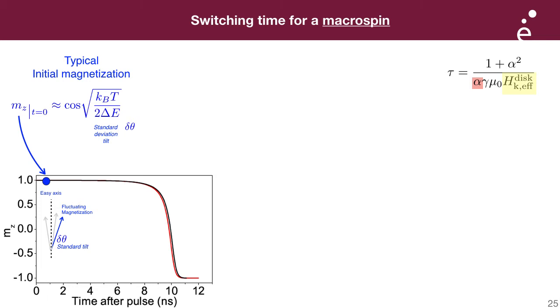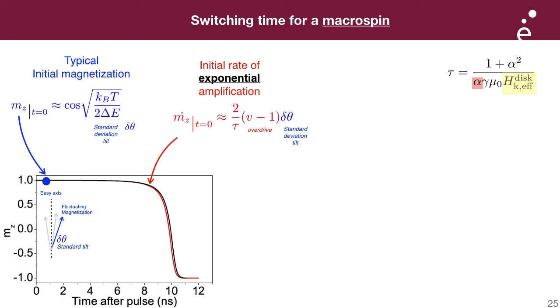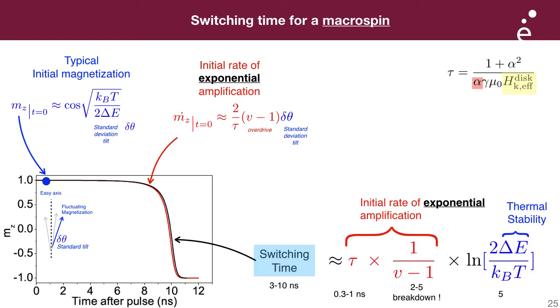So if from this state you plug in the spin torque and you look at the subsequent time evolution, then you see that the rate of change of the magnetization will depend on the natural time scale 1 over tau, the overdrive, that is to say how much voltage you apply in excess to the switching threshold, and how much the magnetization was initially tilted away from the easy axis. Okay. And so this gives you immediately the order of magnitude of the switching time, because as I told you, the natural time scale is a fraction of a nanosecond.